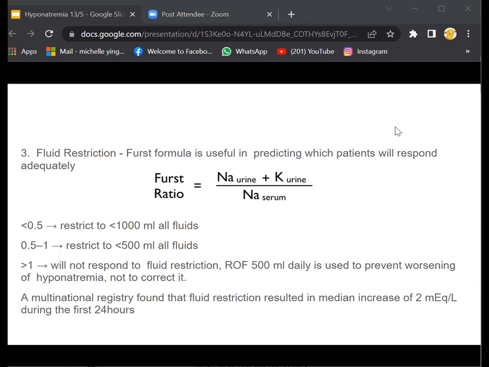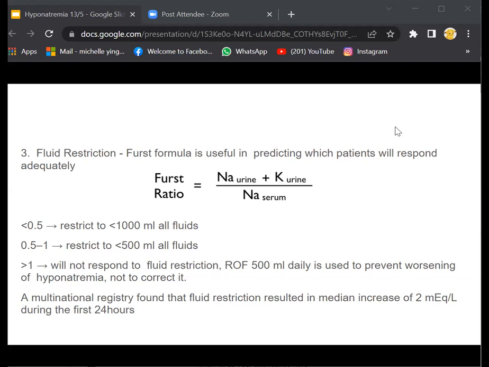If the Furst ratio is less than 0.5, the patient will most likely respond to fluid restriction to less than 1 liter per day. If it is 0.5 to less than 1, we restrict the fluid to less than 500 cc per day. If the Furst ratio is more than 1, most likely the patient will not respond to fluid restriction.